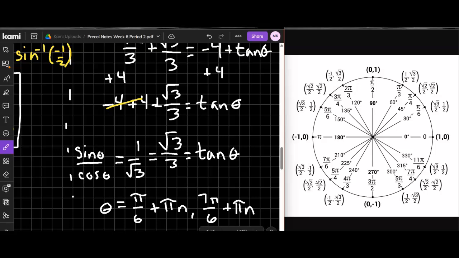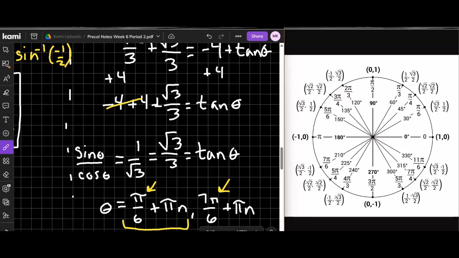Now we would be done here, except there is a really valuable observation that comes with having comfort with adding and subtracting fractions. When you observe this problem and you look at the fact that we are adding by pi times n, you should notice that pi over 6 plus 1 whole pi gives you 7 pi over 6.